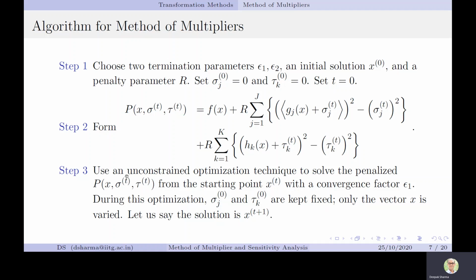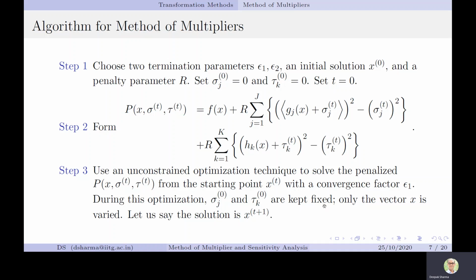In step 3, we use an unconstrained optimization technique to solve the penalized function from the starting point, say x t, with a convergence factor of epsilon 1. So for the unconstrained optimization technique, say for example the steepest descent method, we terminate it using epsilon 1. During the optimization, sigma j and tau k are kept fixed.